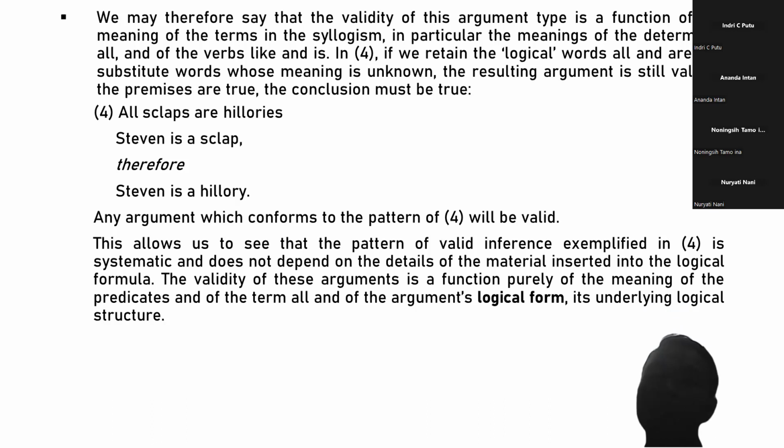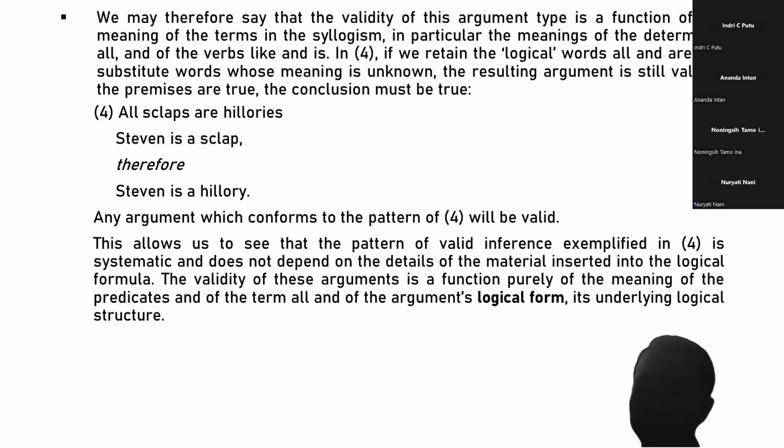Okay, please have a look at the next example in 4. All scouts are Hillarys. Stephen is a scout. So from these two premises, how could you make the conclusion? You can see from the third one, Stephen is a Hillary.